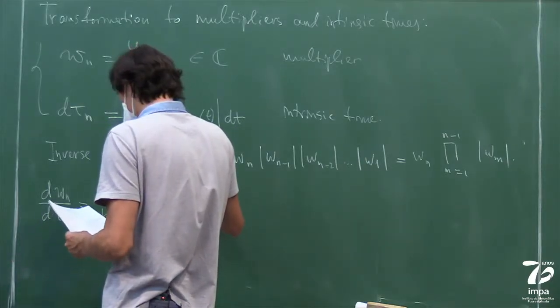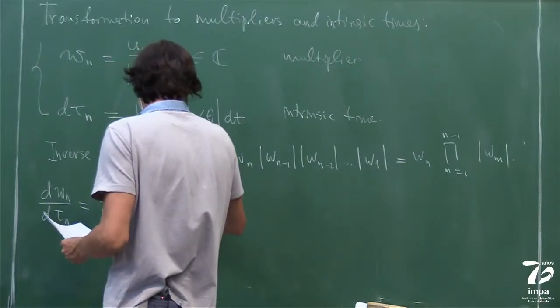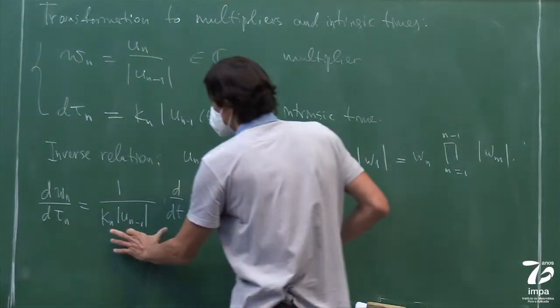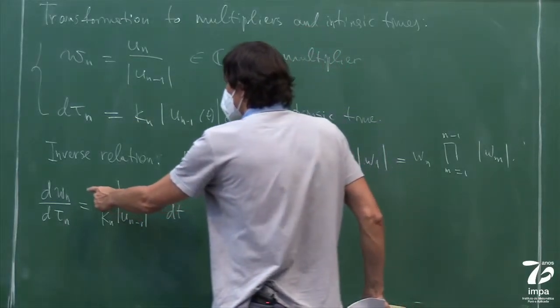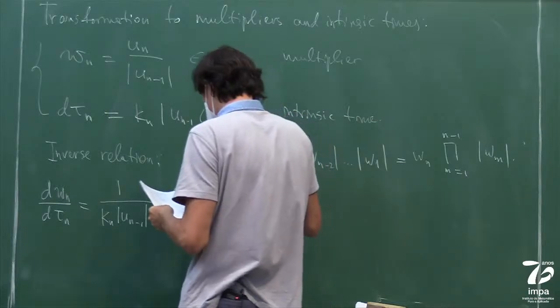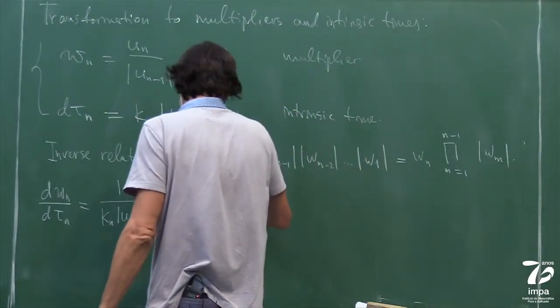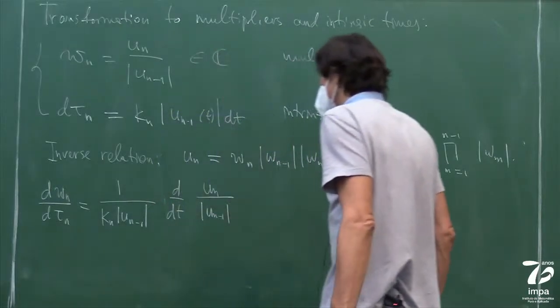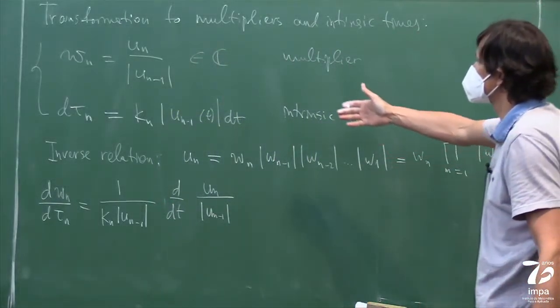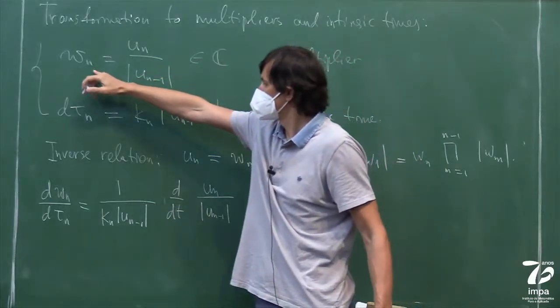And then it will be d dt. So this is d tau n. And now instead of Wn, we put this expression, un over un minus 1. I just substituted the definitions for each of them.